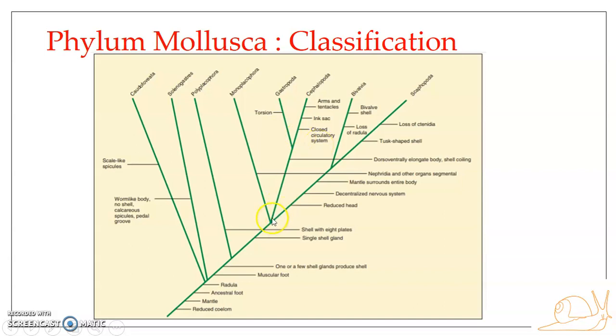Now, the ancestor with a single shell gland evolved further, and during the course of evolution developed a reduced head, a decentralized nervous system, and a mantle surrounding the entire body. From such an ancestor with all these characters evolved two groups: Bivalvia and Scaphopoda. Bivalvia uniquely had a bivalve shell, and the radula was lost in them.